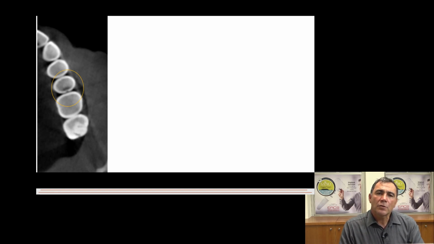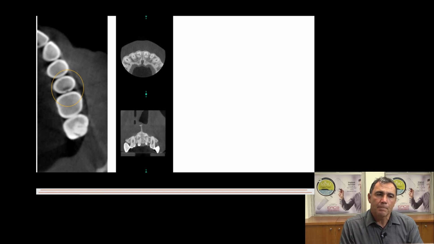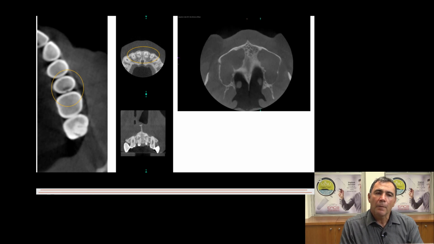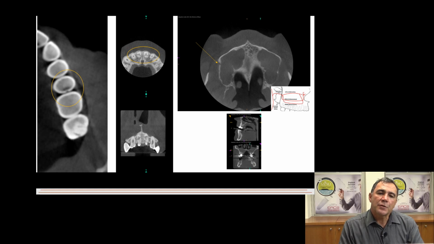Now, this is not to say that each and every patient should get a CBCT. A CBCT, with a radiation dose linked to it, must be a careful clinical decision. You can also see fractured teeth very easily.